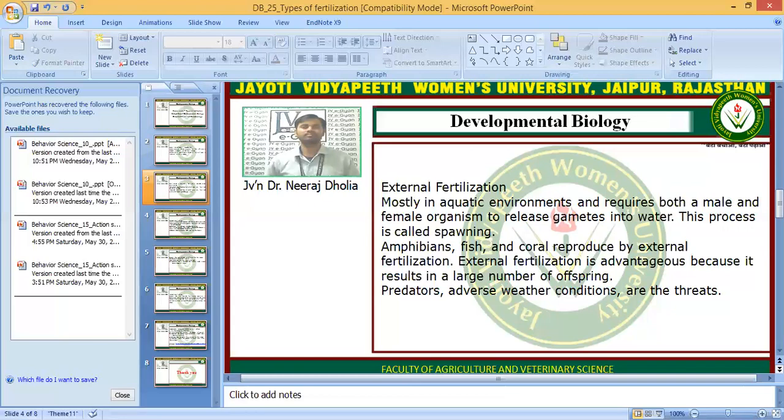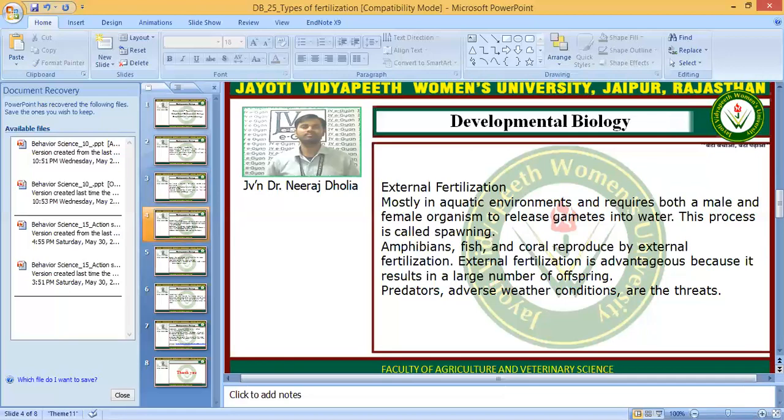There are threats also in external fertilization. That is, the chances of predation. Adverse weather conditions affect the gametes and the zygote, and other conditions, such as fluctuations in the environment, affect the total successful fertilization and the development of the animal.